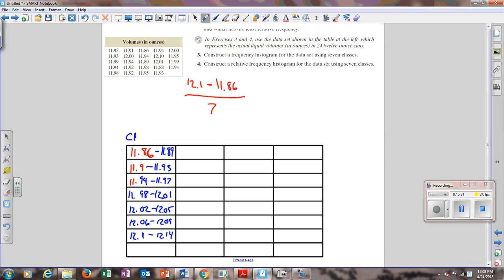Okay, so those are your classes. Now you have to find out your frequencies. So how many numbers fall between 11.86 and 11.89?